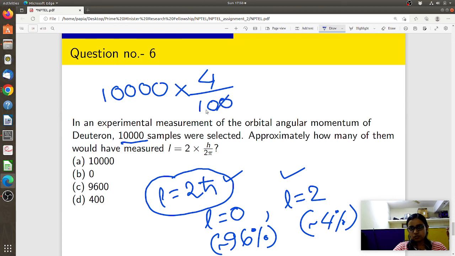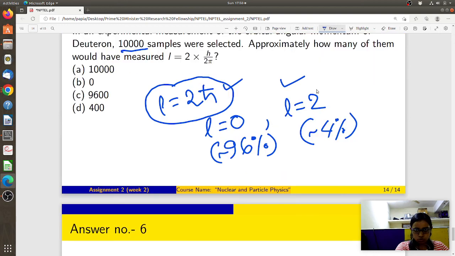What will be the value? The value will be 400. So among 10,000 samples, 400 samples will have L equals 2 value. That means L equals 2 h bar will be the measured orbital angular momentum.